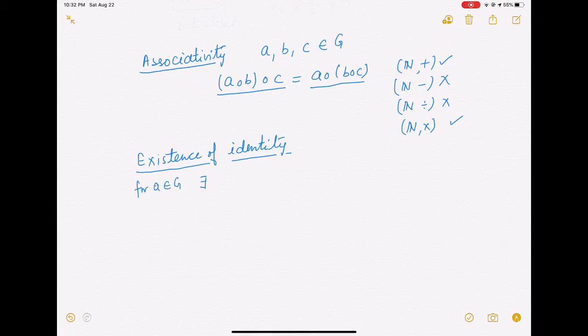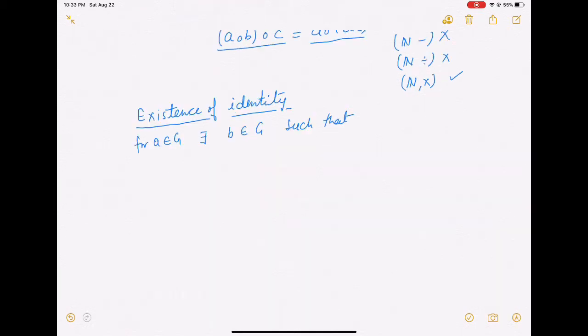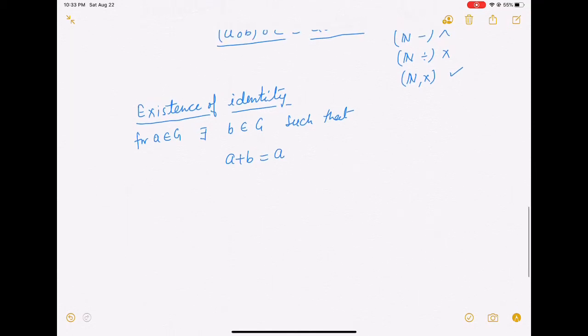Is there an element, suppose B, belonging to G such that A plus B remains A? That is, the effect of adding B to A doesn't affect A. Obviously, you can see that here B is 0. That means if we add 0 to A, we get A.